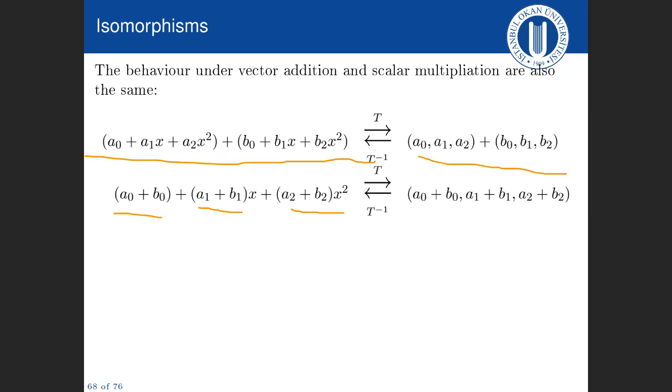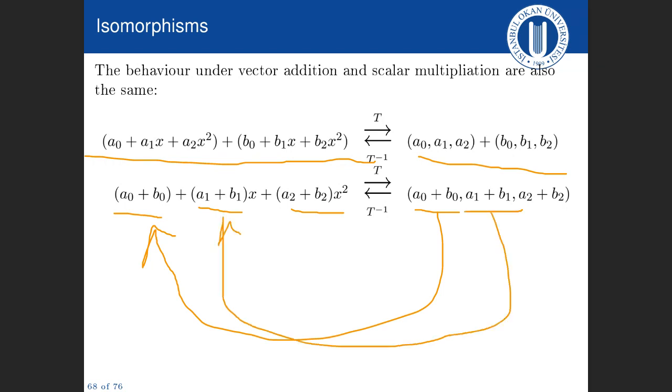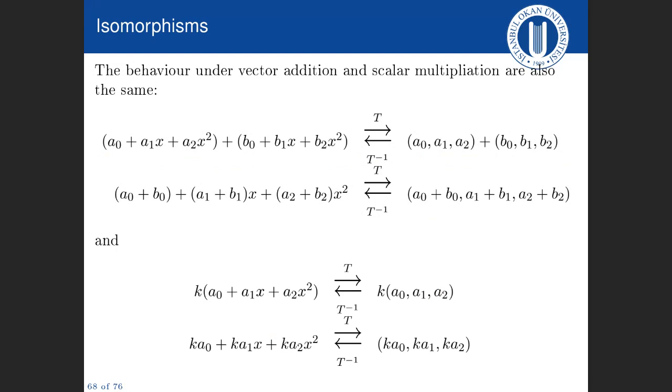And on the right, if we add two vectors together, we're going to get A0 plus B0 in the first position, A1 plus B1 in the second position, and A2 plus B2 in the third position. Or if we multiply by a number, take a polynomial and multiply it by k, ka0 plus ka1x plus ka2x squared. Take a vector and multiply it by a number k, we get ka0, ka1, ka2. We have the same behavior on the left and on the right.